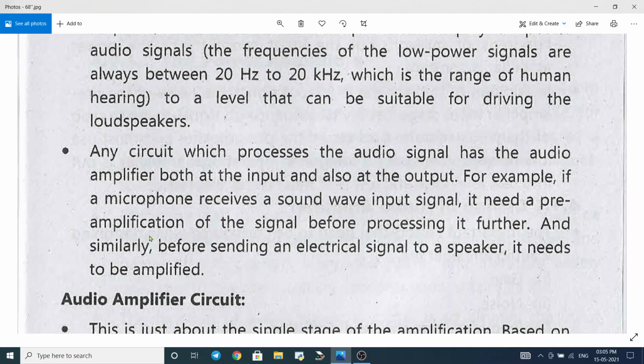It needs a pre-amplification. The pre-amplification is required before processing the signal further.